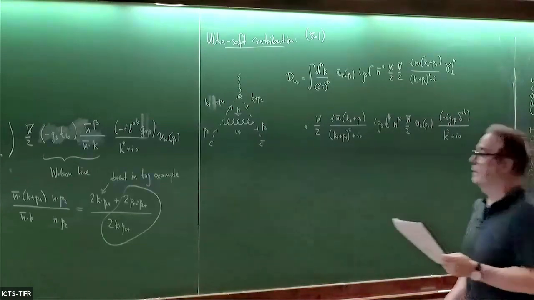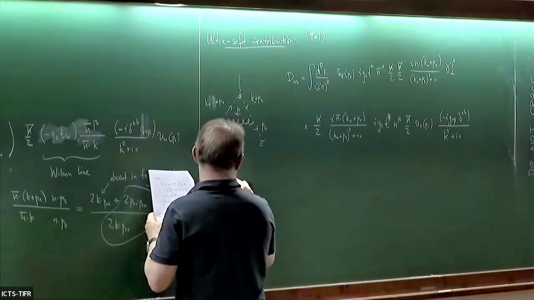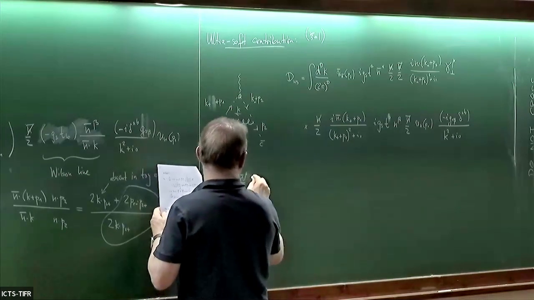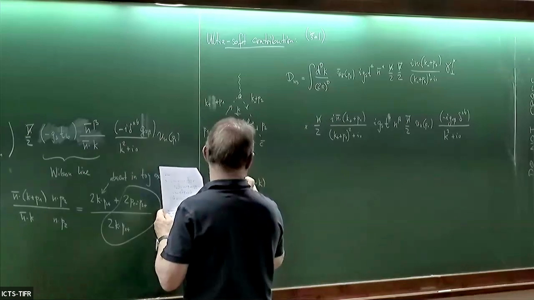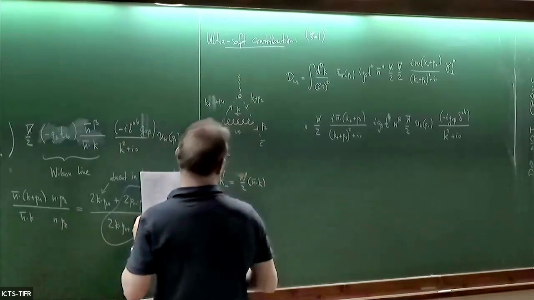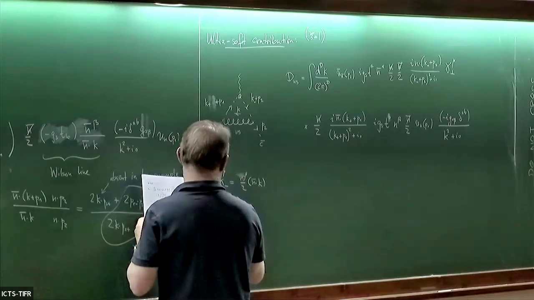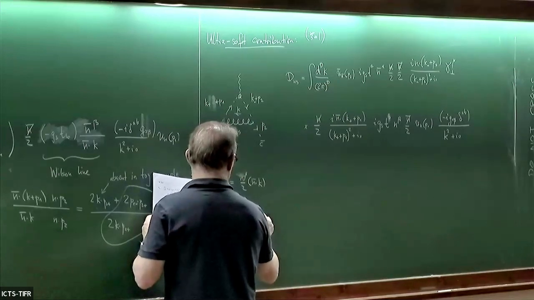Remember here that k minus is n bar over 2 times n dot k. No, sorry, I did it wrong. k minus is n mu over 2 times n bar dot k, and k plus is n bar mu over 2 times n dot k.